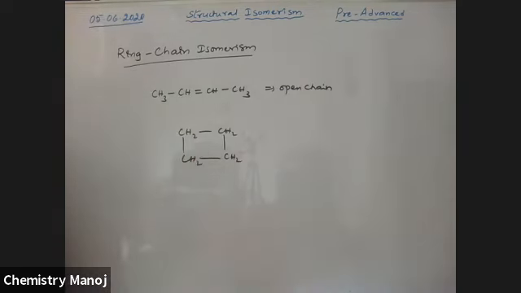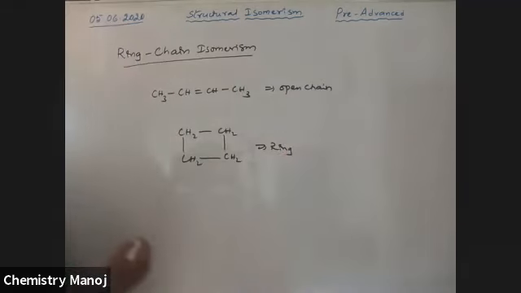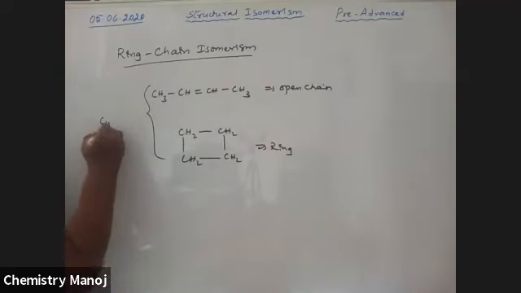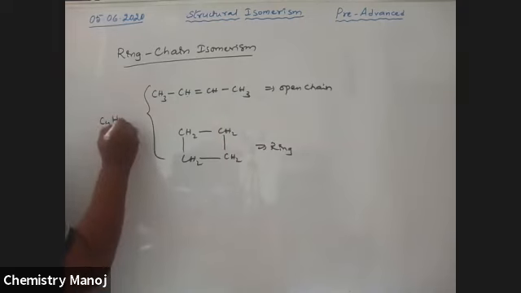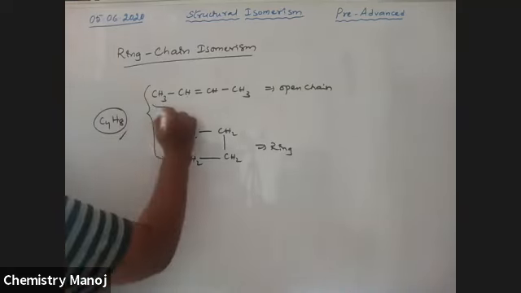This one is a ring compound. Check once again the molecular formula. 1, 2, 3, 4. C4. 3 plus 1, 4. H8. C4H8 is the formula for the open chain compound.